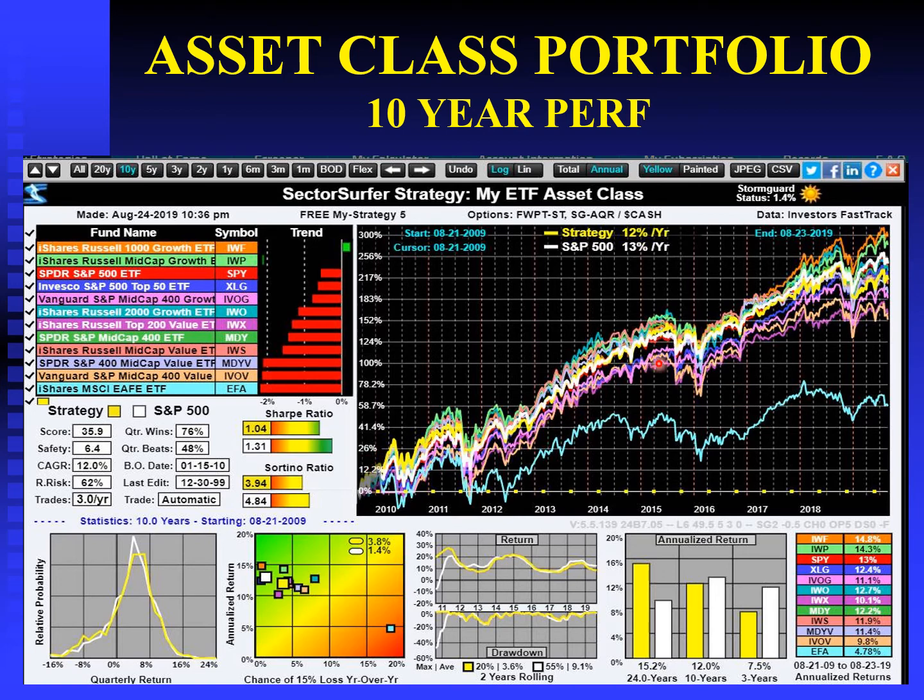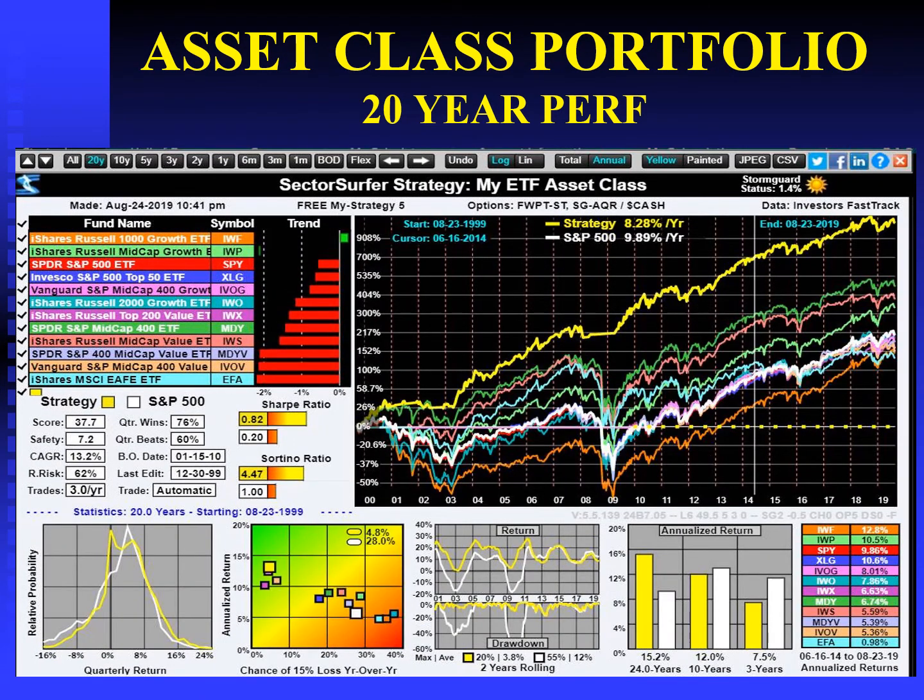This did not perform well over the last 10 years. Now, what happens next? This is the same portfolio, instead showing the performance over 20 years. Same asset classes. Look how well this has outperformed.